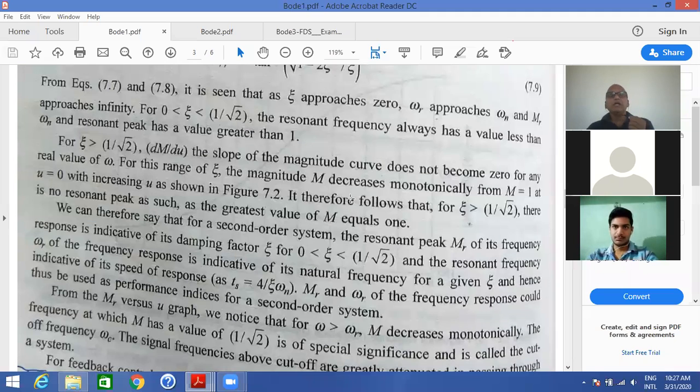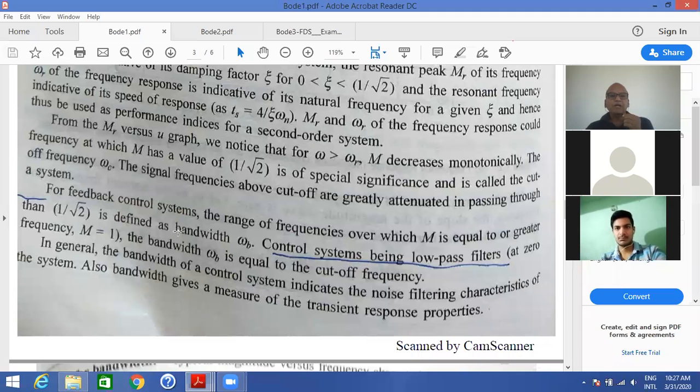Then for this feedback system, it again depends upon the value of zeta less than 1, or the value of zeta lies between 0 and 1. Calculate its bandwidth by considering the magnitude to be greater than or equal to 0.707. For the feedback control system, the bandwidth is the range of frequencies for which M is equal to or greater than 1 upon root 2.